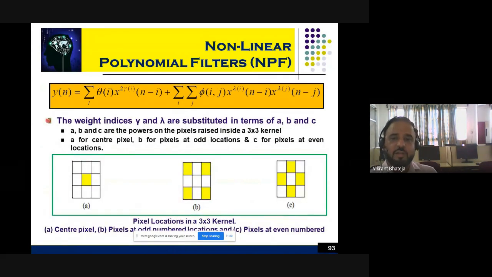Now, if we go into the mathematical details, there are different ways in which the values for gamma and lambda are selected. If the mask is coinciding with the central pixel, you take it as A. If your mask is coinciding with the odd locations or the even locations, then you take it as equal to B or C. So these are the different ways in which we develop the mask for this particular filter.